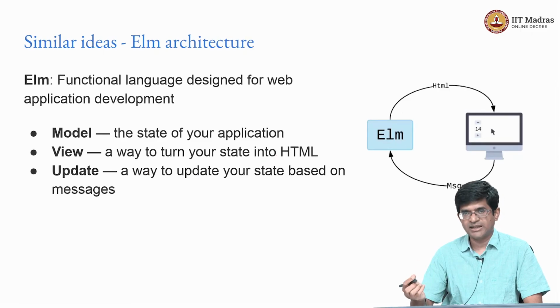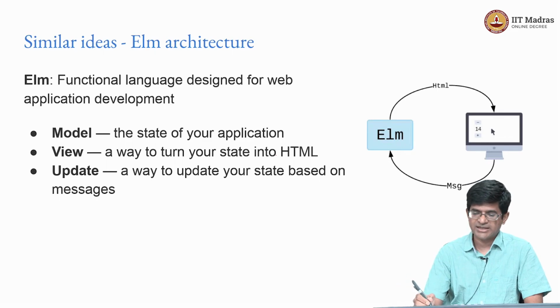And a lot of these ultimately say that in some sense they are inspired by an architecture used in a programming language called Elm. Now Elm is a functional language designed for web application development. Literally the Elm architecture comes down to this diagram on the right from their web page.